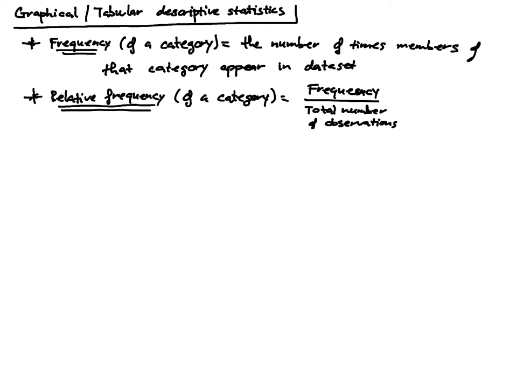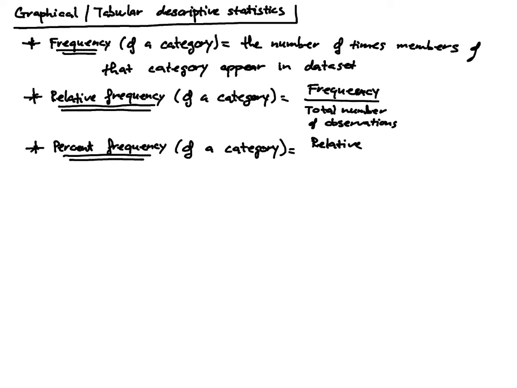And then we can proceed to calculating the percent frequency of a category by taking relative frequency and multiplying by 100.